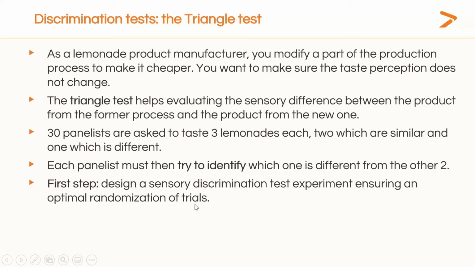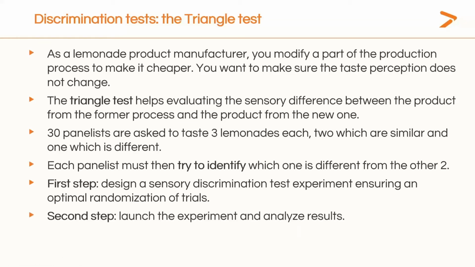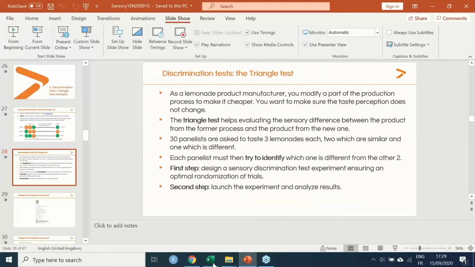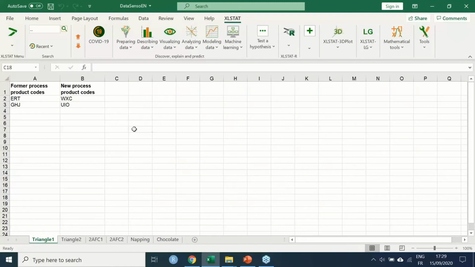First step, we need to design a sensory discrimination test experiment to ensure an optimal randomization of trials, and then we launch the experiment and analyze the results. So let's see how we do this in XLSTAT. So this is Microsoft Excel with XLSTAT menus incorporated inside as an add-on.